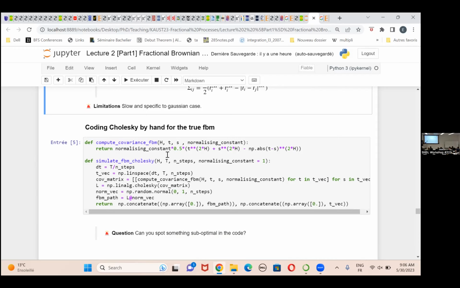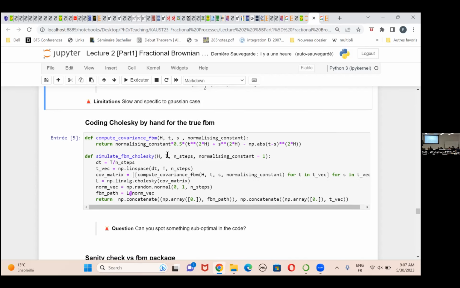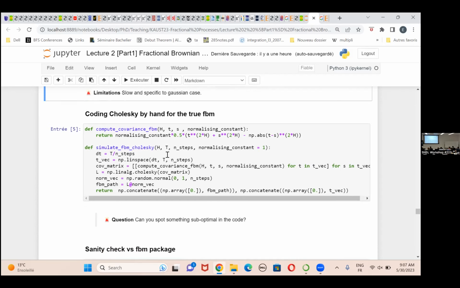Here, for each path, I'm computing the covariance matrix and the Cholesky decomposition. But these do not actually depend on the path, so I can do them outside. And then maybe you can vectorize also. You should take it out if you want to do Monte Carlo simulation. You can do this in the homework, of course.